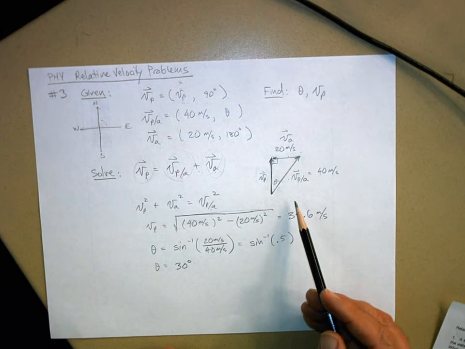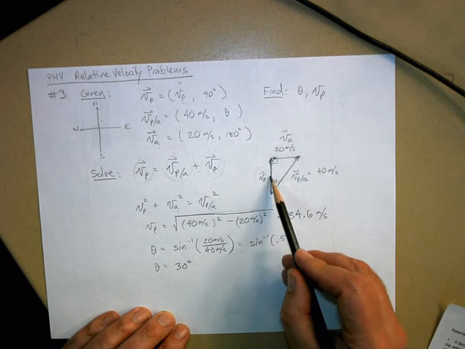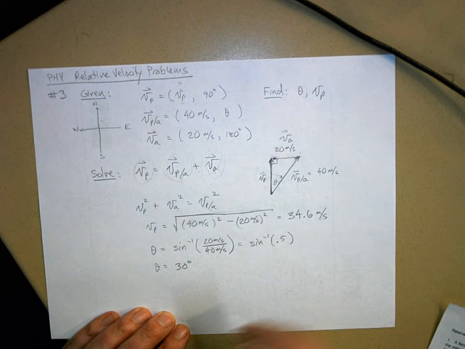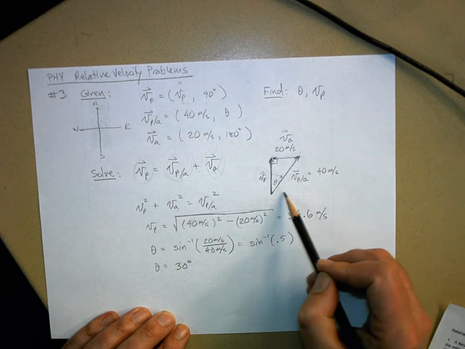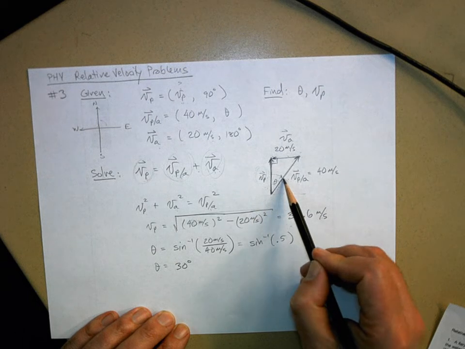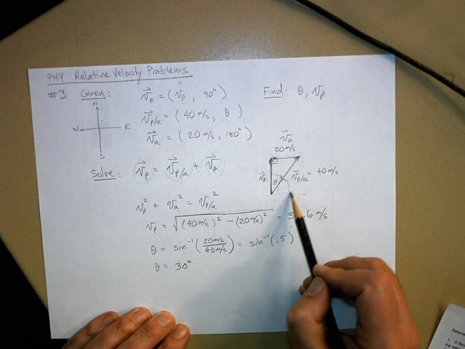So I can say that the velocity of the plane compared to the air is 30 degrees west of north. Or I can say in polar coordinates that if this is 30, then this would be 60, right? Because it has to add up to 90.